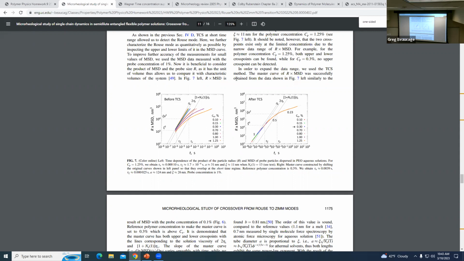Diffusion by Stokes-Einstein is going to be kT over 6 pi times viscosity times the probe particle size. So in order to access all this range, he's using different probe sizes that get different frequency ranges, because the small particles move faster than the larger particles. So he has to use like 5 different particle sizes.